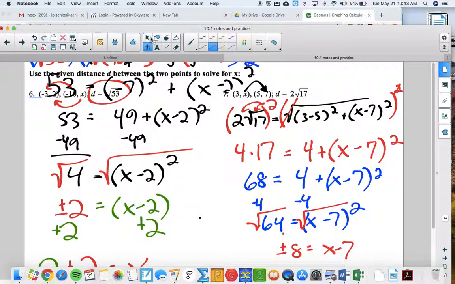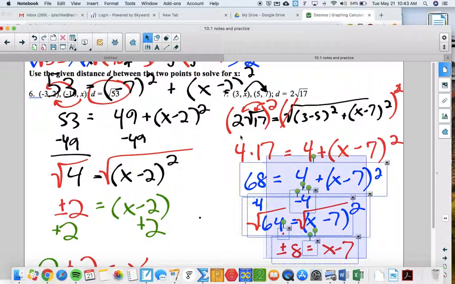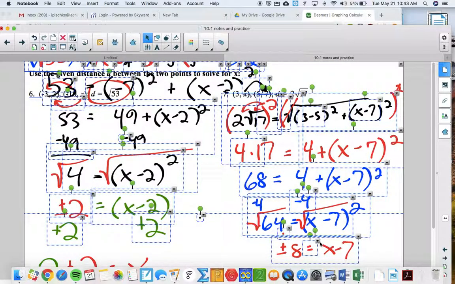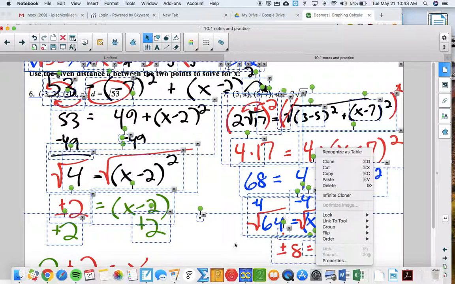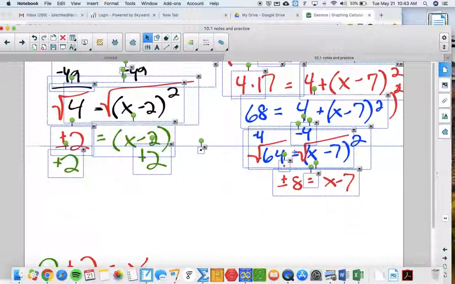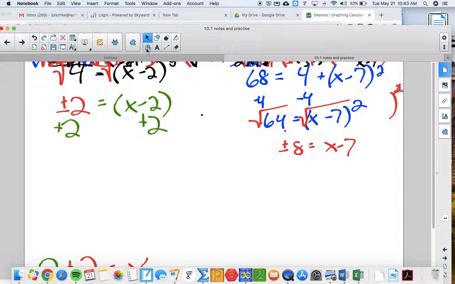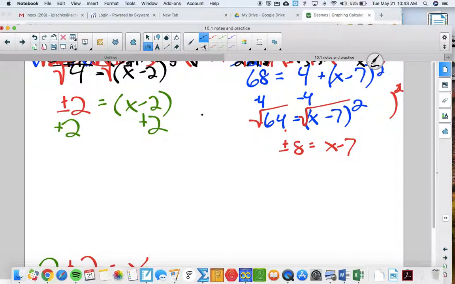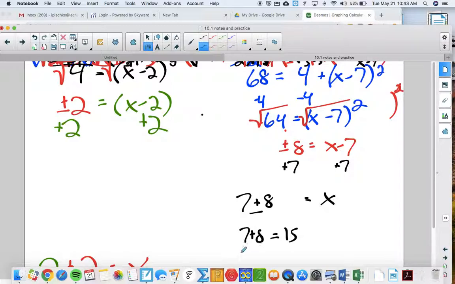So all we have to do now to get x by itself, to figure out the location of that missing coordinate, is to add 7 to each side. So we add 7, we get x equals whatever 7 plus 8 and minus 8 is. So 7 plus 8 is 15, 7 minus 8 is negative 1. There are our 2 answers.